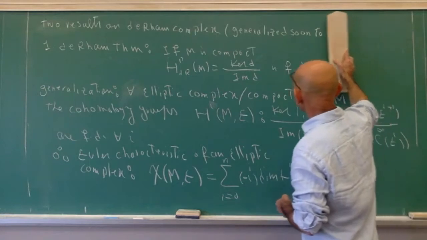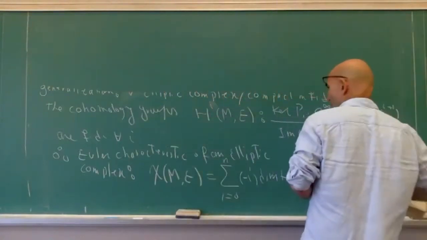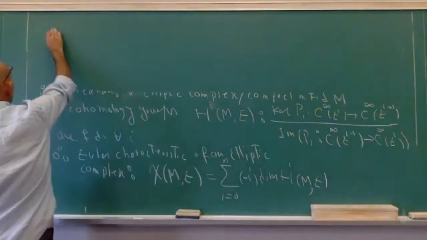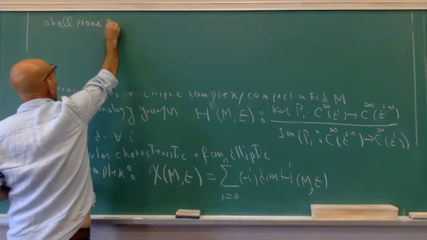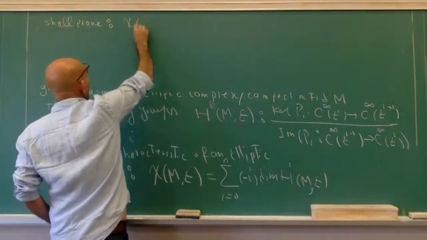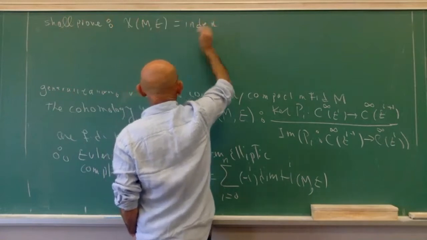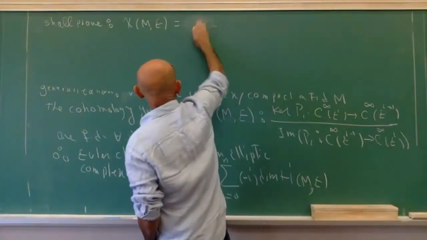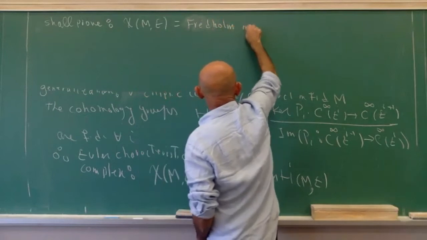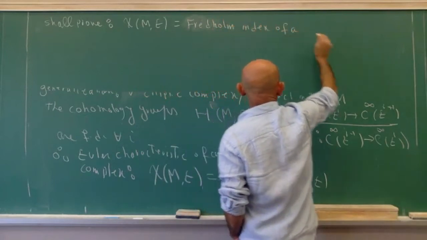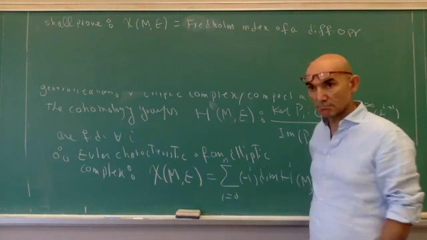Let me mention here, and then we shall prove: the Euler characteristic of M and E is equal to the index, by which we mean the Fredholm index, of a differential operator.